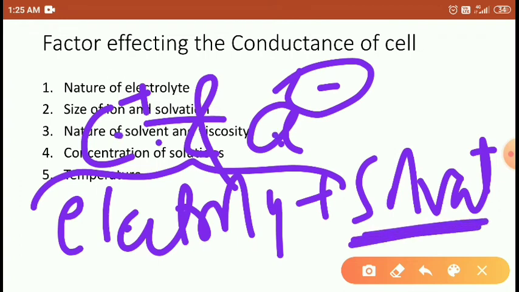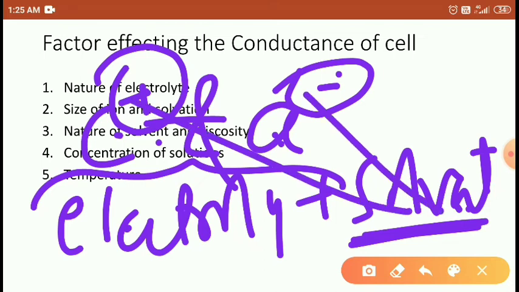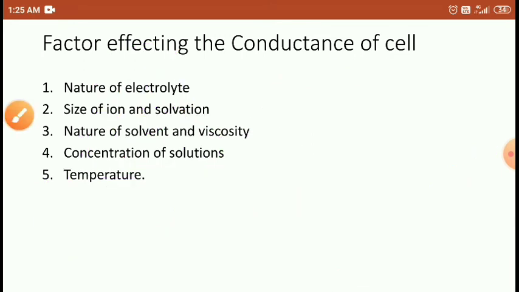If cations and anions interact with the solvent, the conductance decreases. Right students? If they do not react with the solvent, they definitely conduct electric current. If they are reacting with the solvent, they cannot conduct electric current.